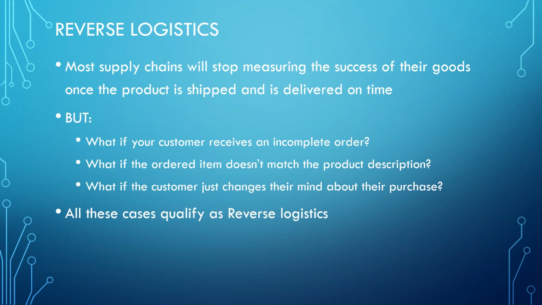What if the product was damaged or defective? So now we have to think of a way to send back this item to the supplier. So all these cases qualify for reverse logistics and should be included in the performance measures of the supplier success.